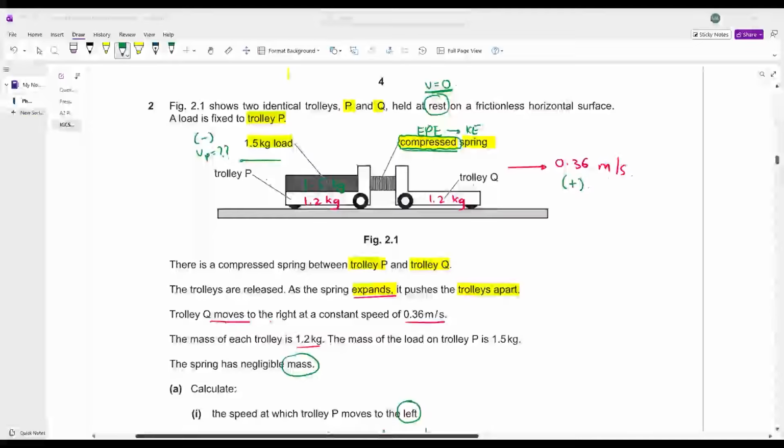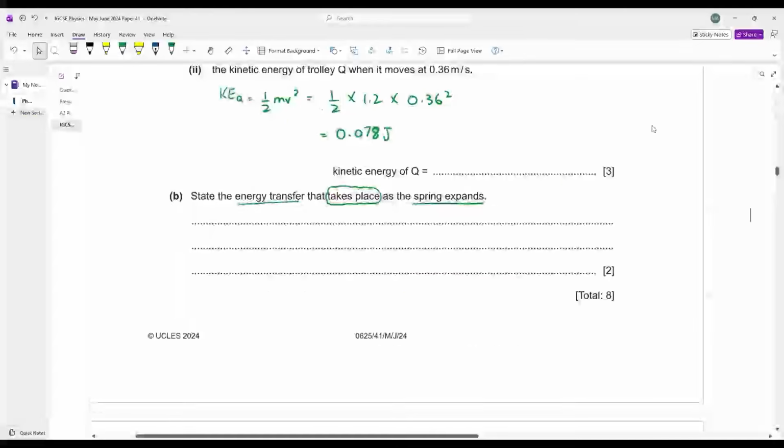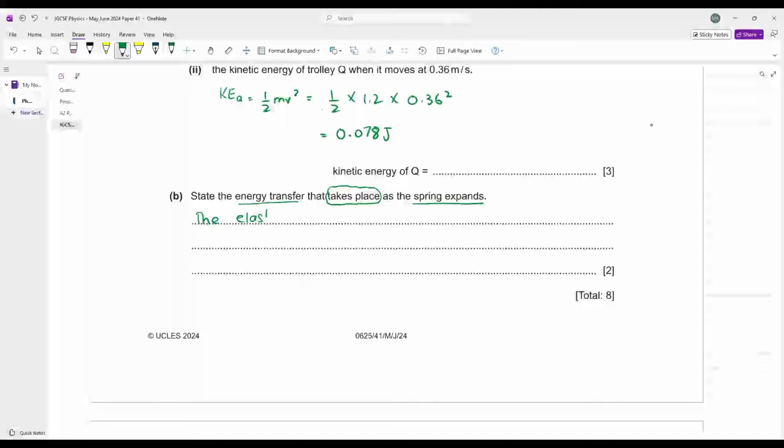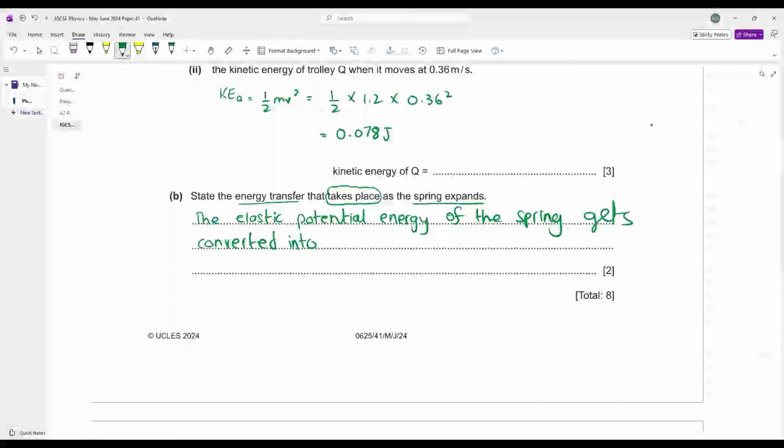So you can write it. You can say the elastic potential energy of the spring gets converted into kinetic energy of the trolleys.